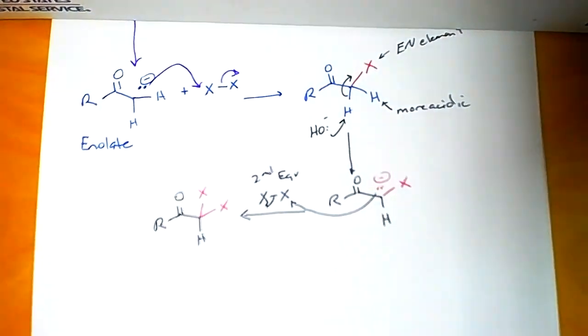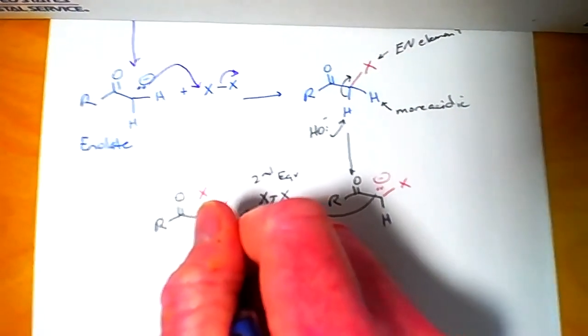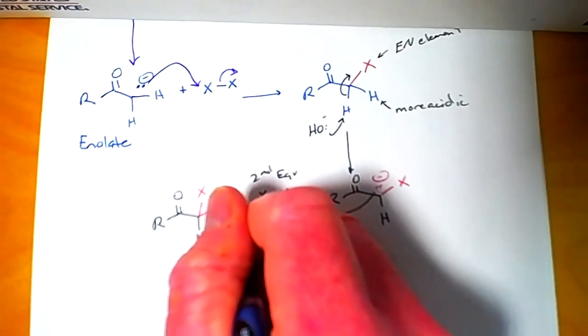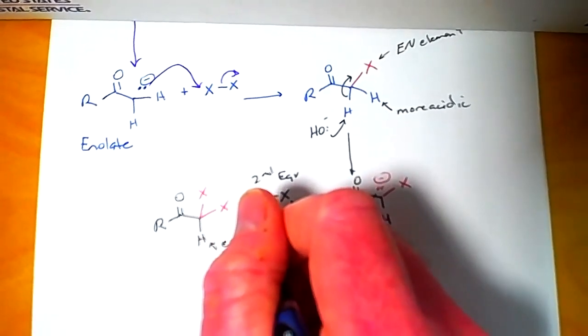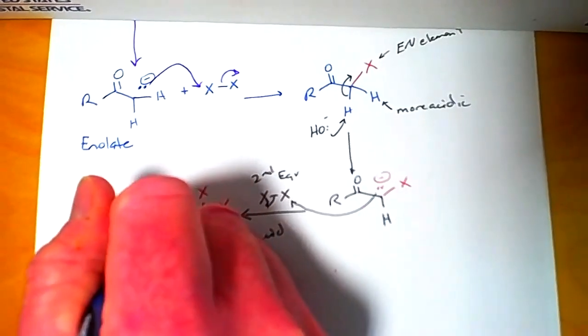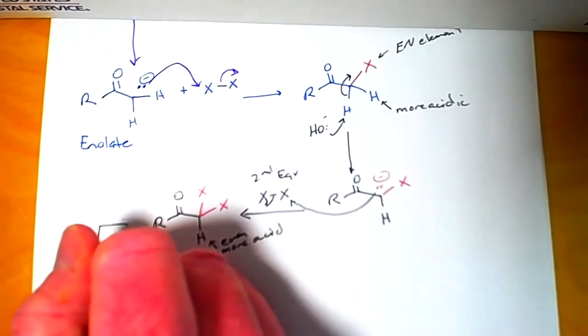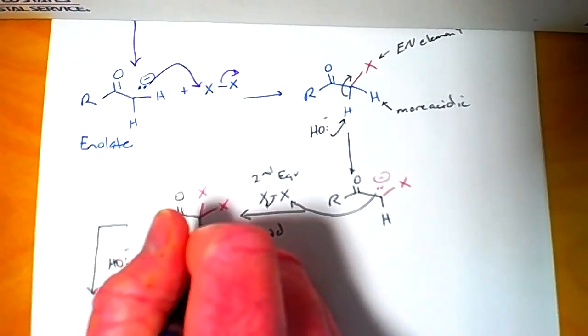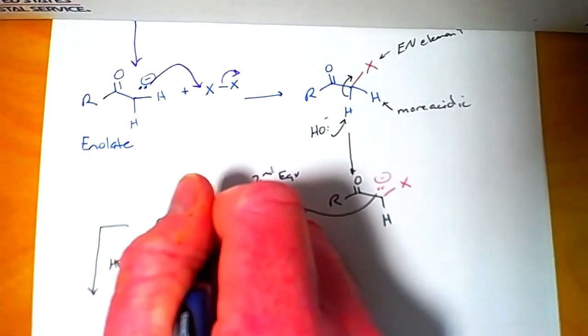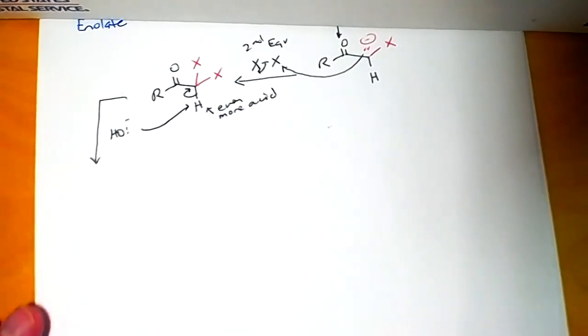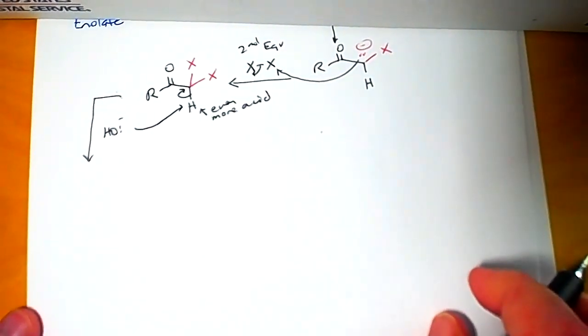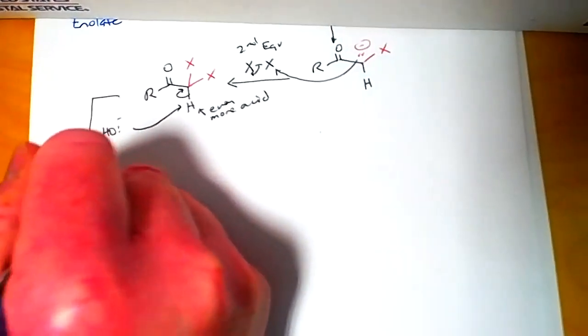And again, adding two halogens is going to make this remaining hydrogen even more acidic. And so hydroxide will be able to remove this as well. Obviously having an excess of hydroxide present when you're doing this.